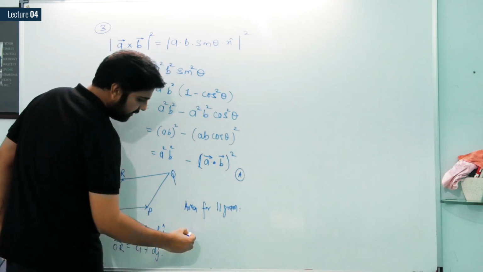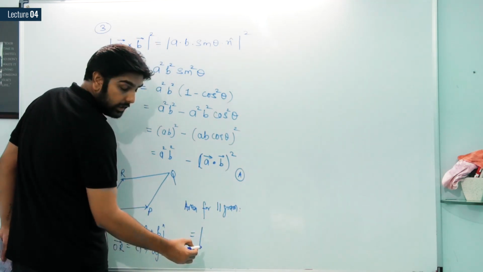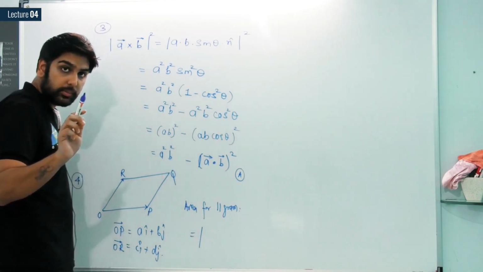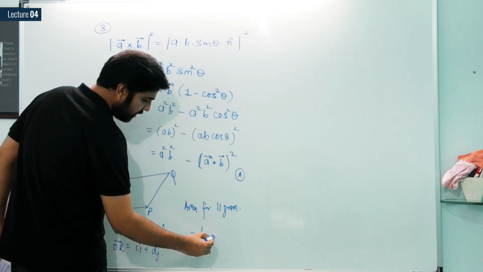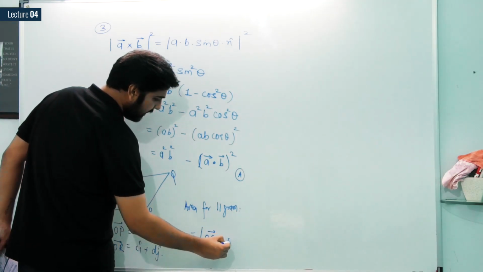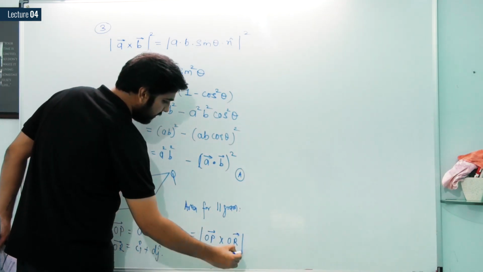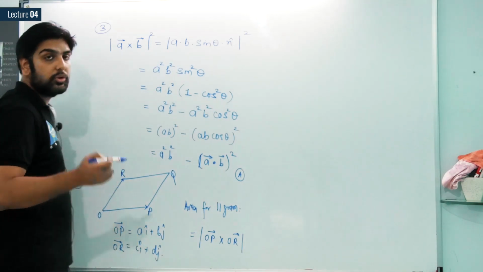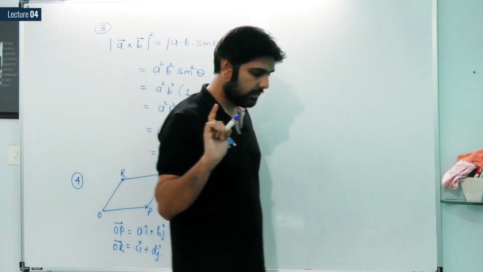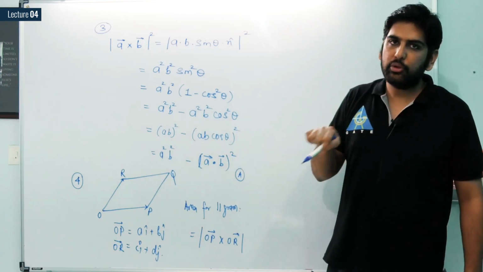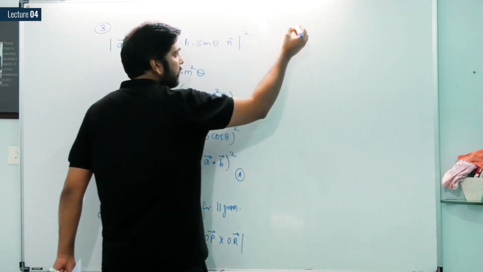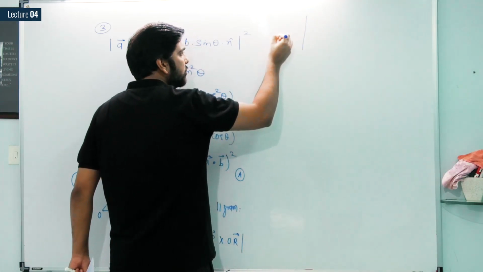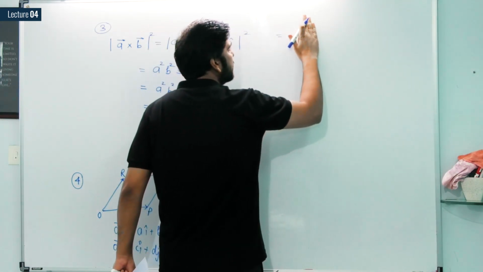So my dear students, we have noted that the area of a parallelogram is the cross product of two consecutive sides, so it is the cross product of OP and OR. The cross product is a vector quantity, but here you should take the magnitude of this cross product. Cross product is nothing but the determinant calculation, fine.